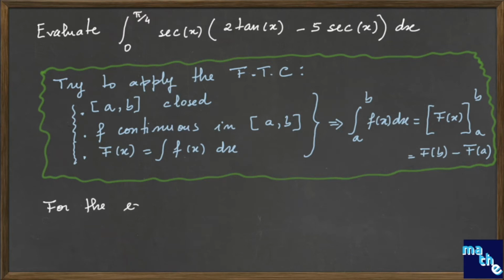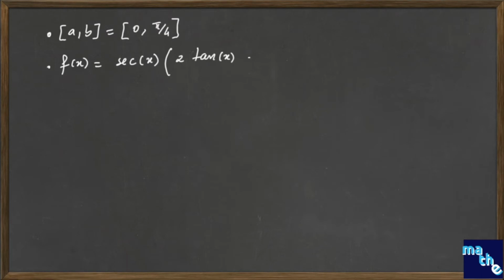So, using this in our exercise, we need to explicit all the things inside the fundamental theorem of calculus. Then we have the closed interval is the interval between 0 and pi by 4. The integrand function is the function secant of x multiplying to tangent of x minus 5 secant of x.